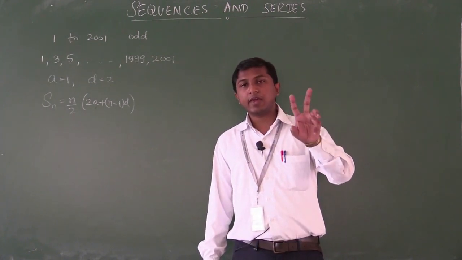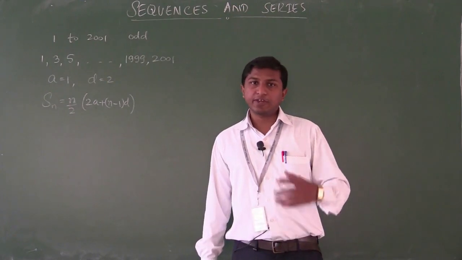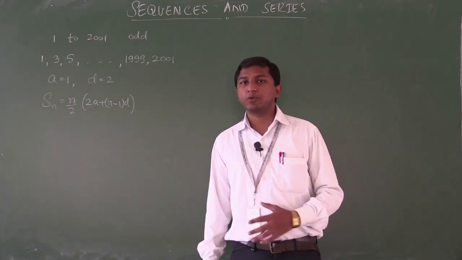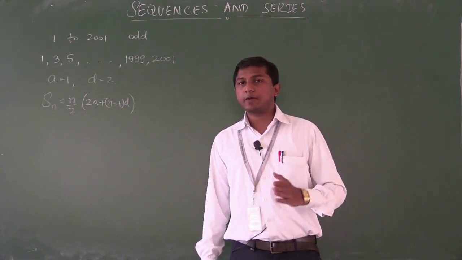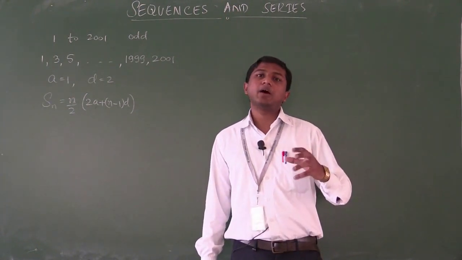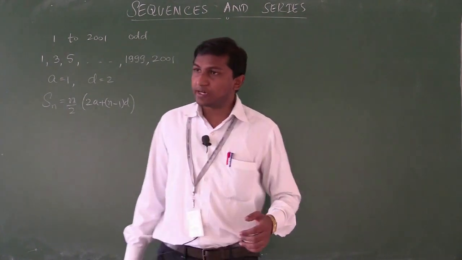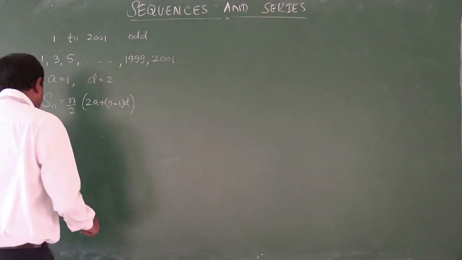If a and d are the first term and common difference of an AP, then the general form will be a, a plus d, a plus 2d, and so on, a plus n minus 1 into d.